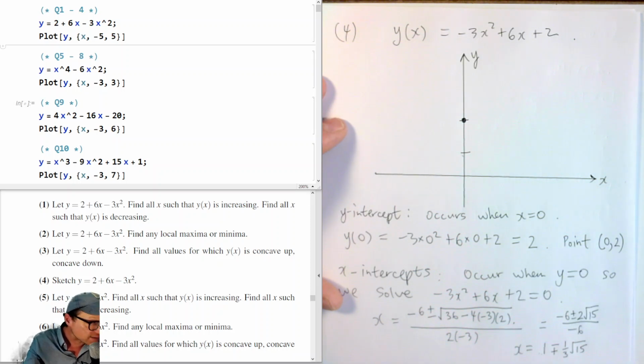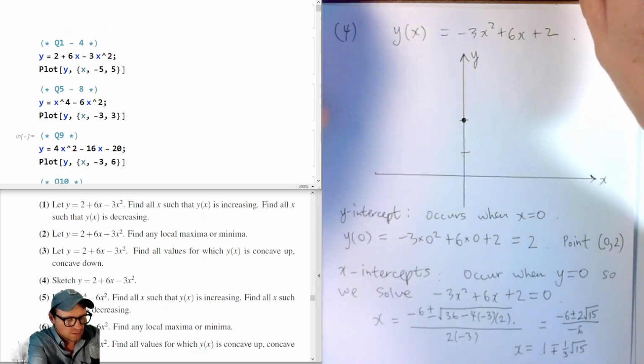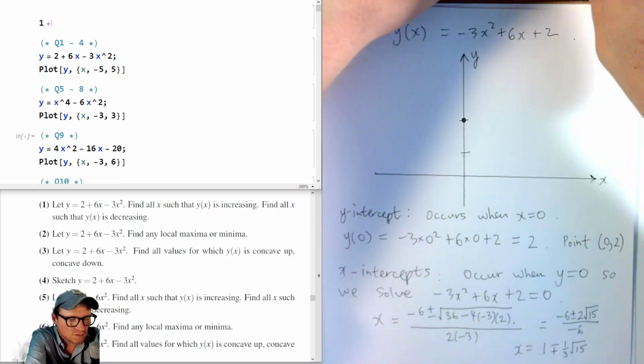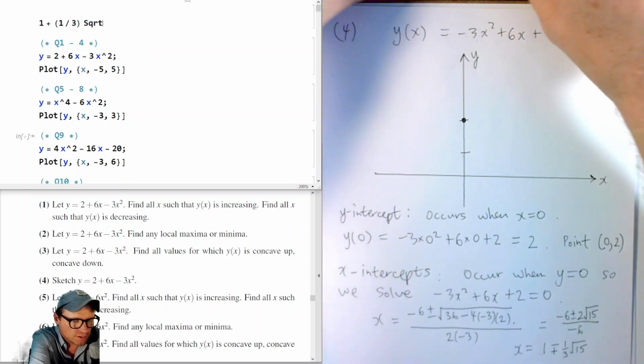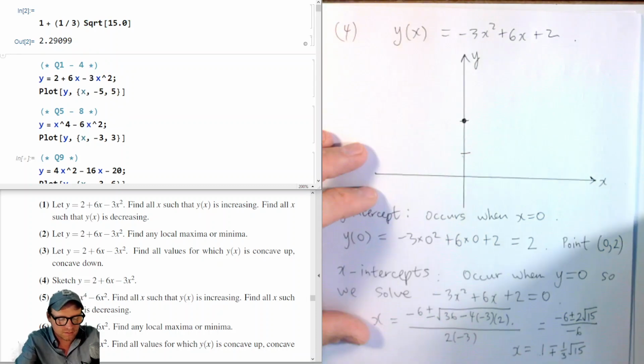But let's get an exact estimate here using Mathematica. Okay, so I want 1 plus 1/3 of the square root of 15. And I'm going to put a 0.0 there so I get a numerical estimate.